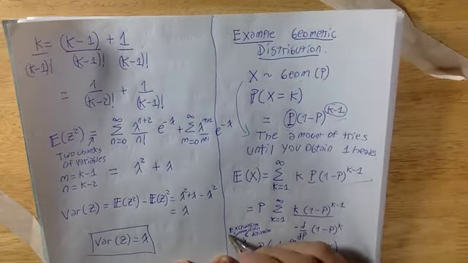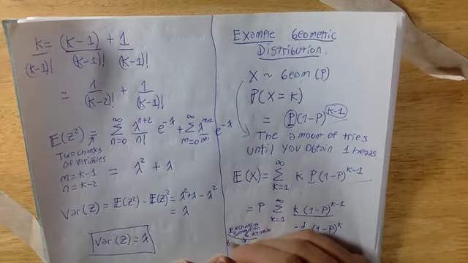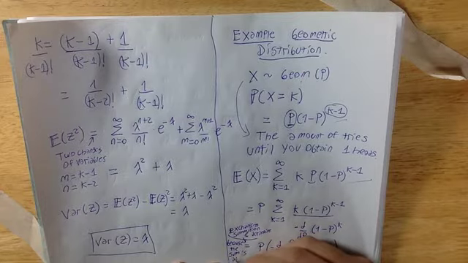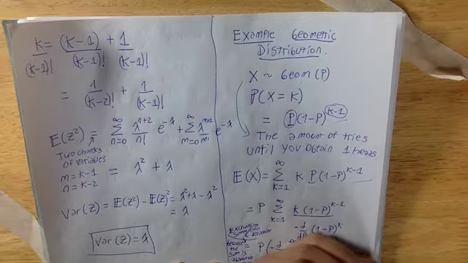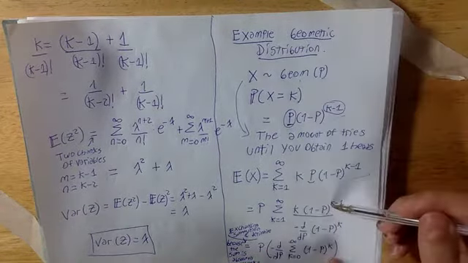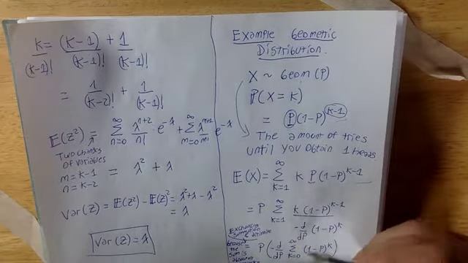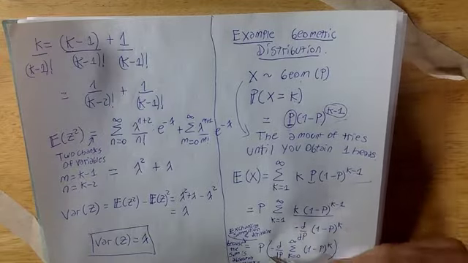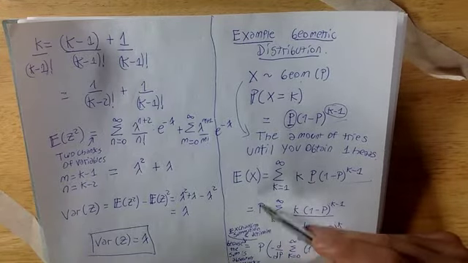Okay, so this can be done because the sum is absolutely convergent. If the sum of the derivatives and the original sum is absolutely convergent, we can put the derivative inside or outside the summation, and it doesn't change the result.